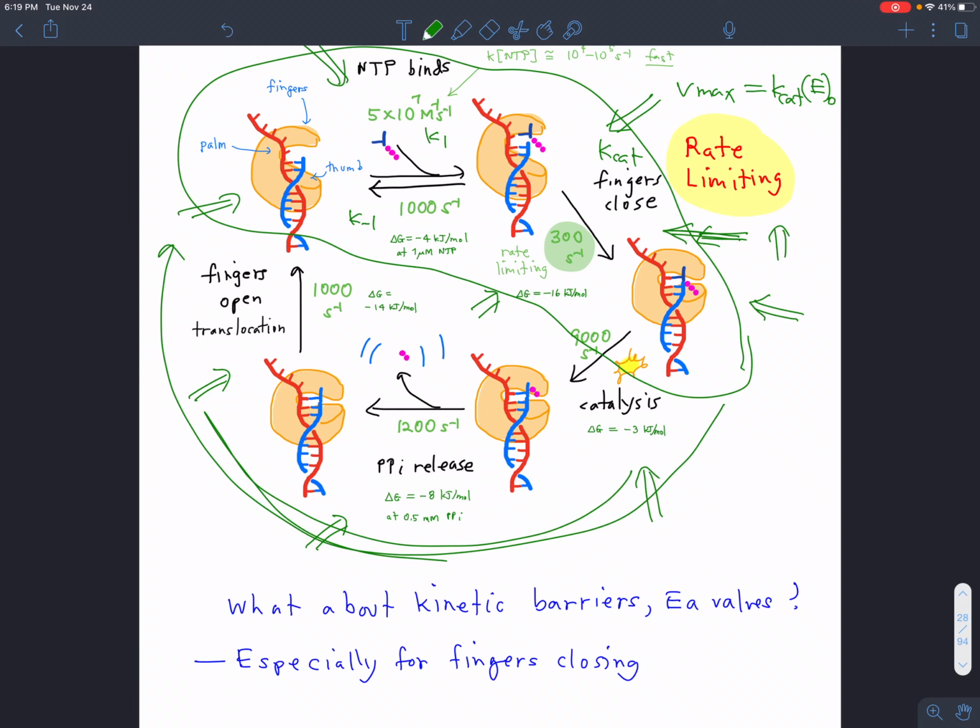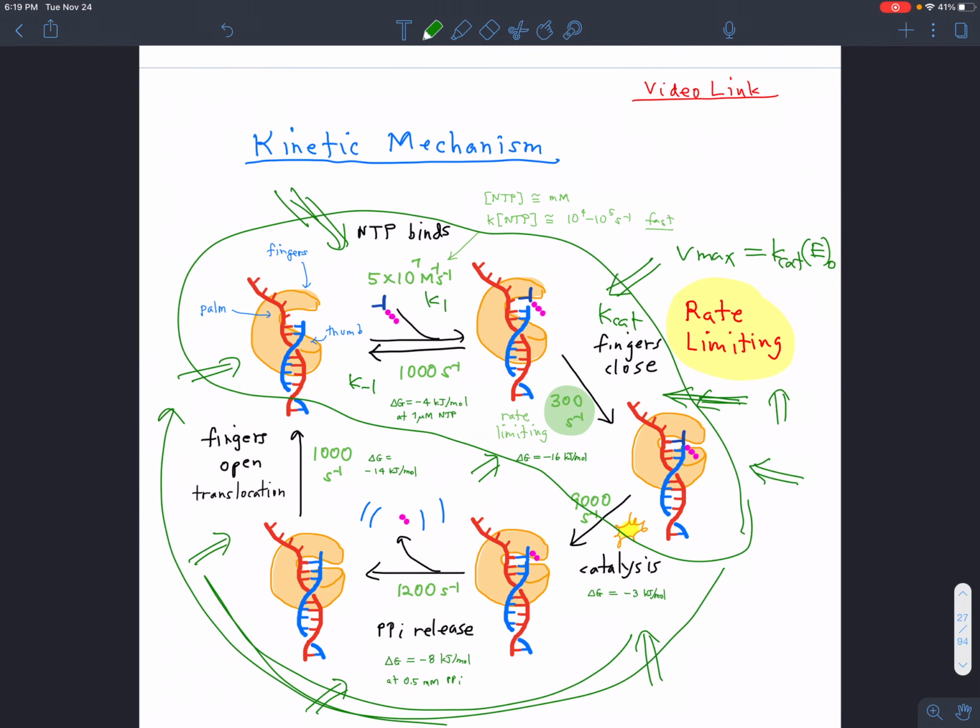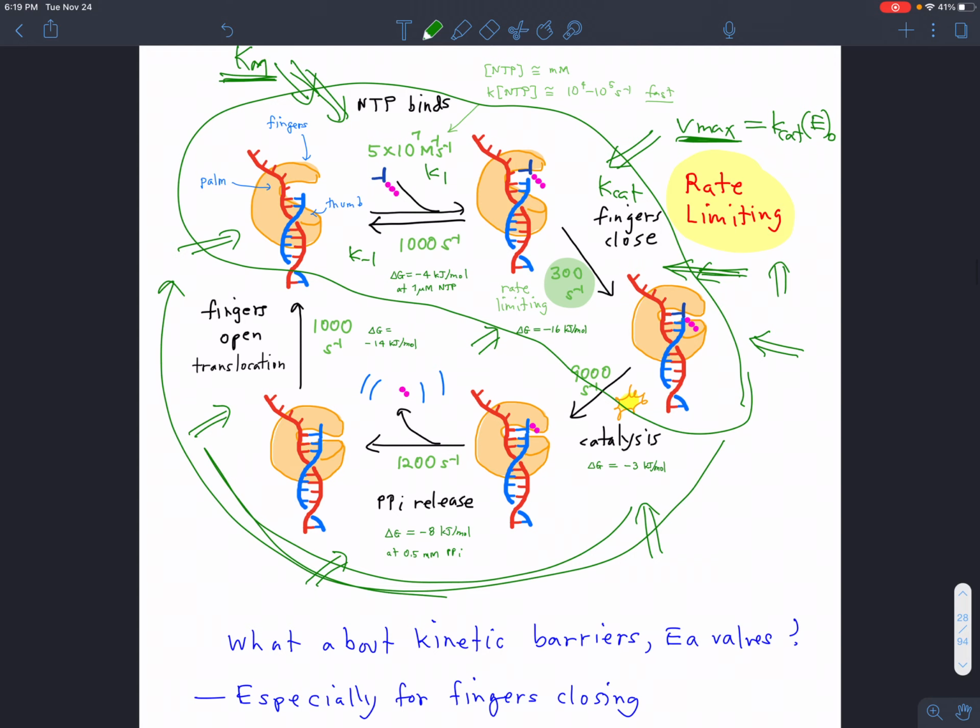And of this pair of steps, the binding is mainly going to contribute to Km. So when we're looking later, and we'll see, at Vmax, we're looking at effects on the fingers closing step. And when we are looking at Km, we're looking at effects mainly on the binding of the nucleotide to the DNAP complex.